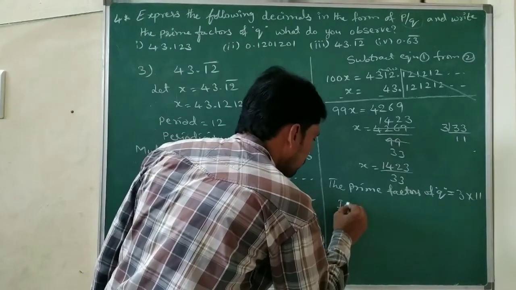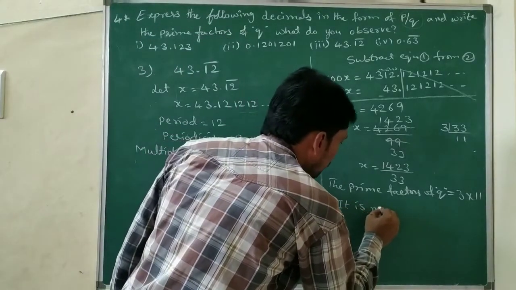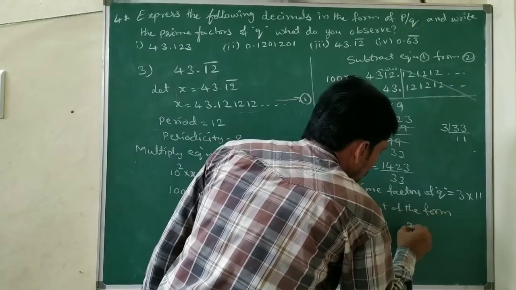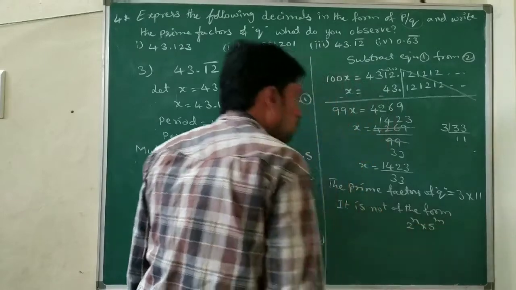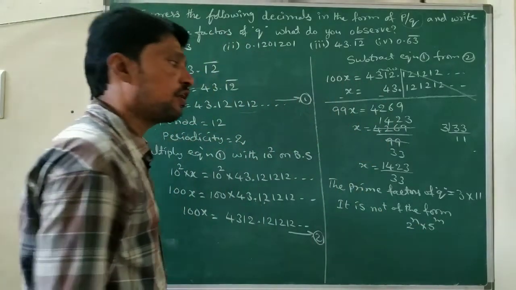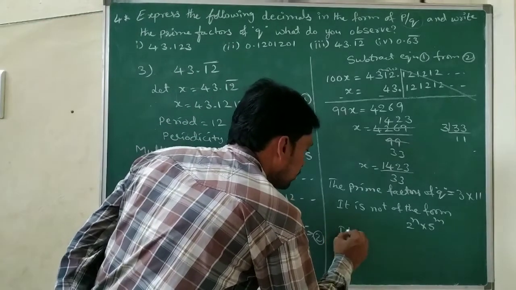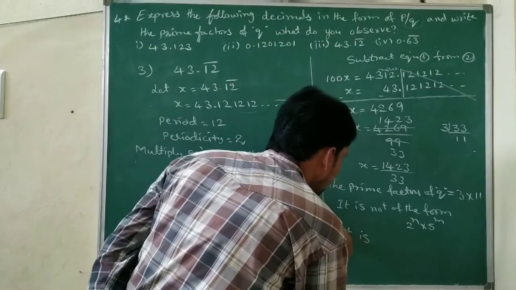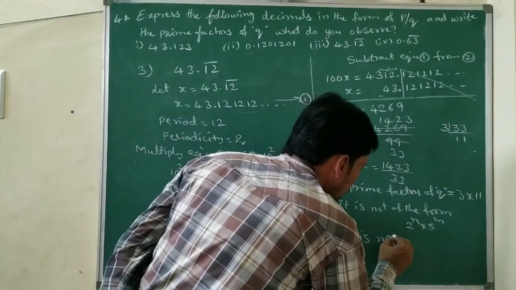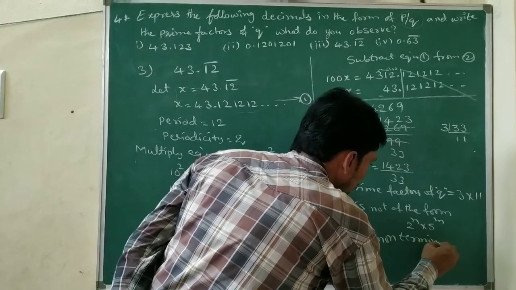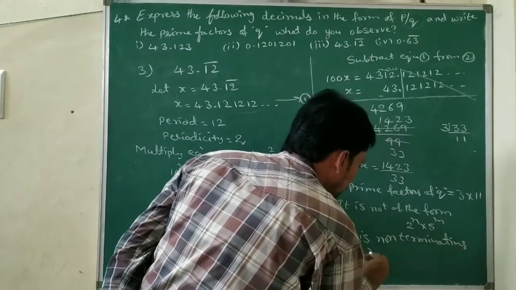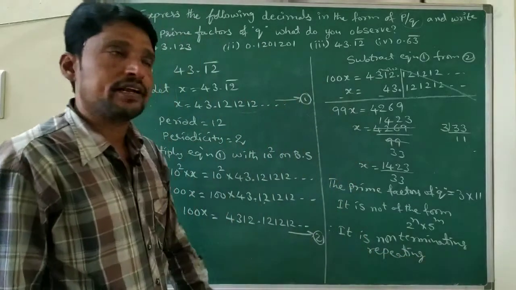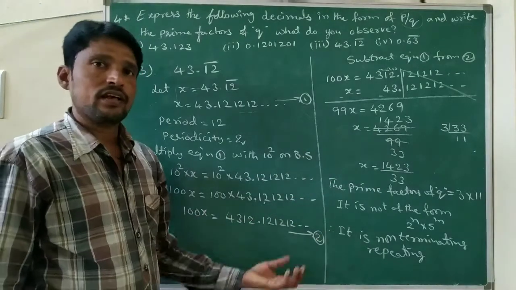No. So write it here: it is not of the form 2 power n into 5 power m, which means the given decimal is a non-terminating and repeating decimal. Therefore it is a non-terminating repeating decimal. So it is very clear.